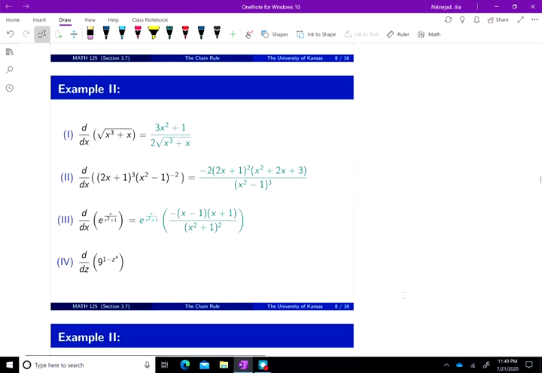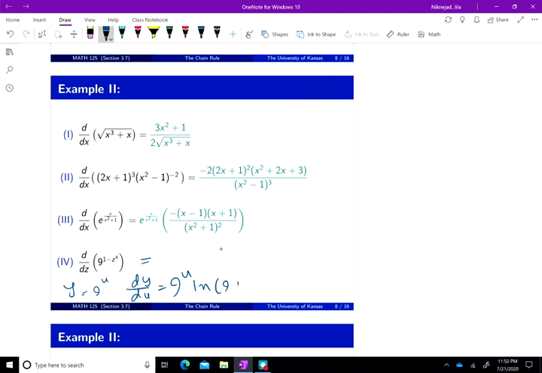Last but not least, we have the derivative of 9 to the power (1 minus z to the power 4). How do I do this? Again, what is the outside function? 9 to the power u. The derivative of this y with respect to u is 9 to the power u, natural log of 9.